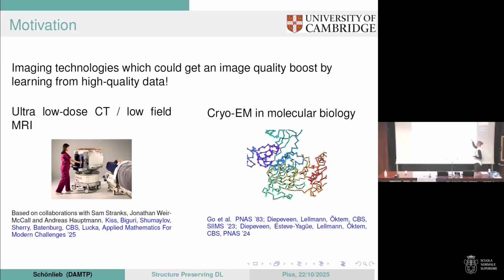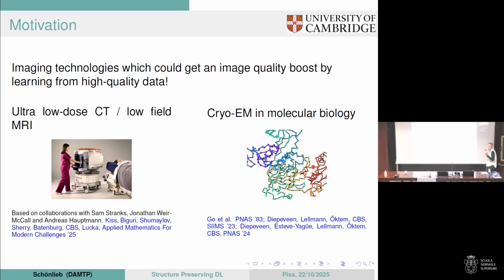And the other one is in settings where inverse problems appear with a lot of noise in them, like in molecular biology. This is cryo-electron microscopy, where you want to reconstruct atomic structures of proteins from electron microscopy measurements.